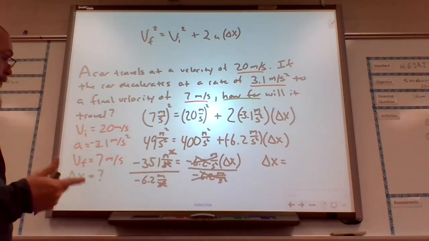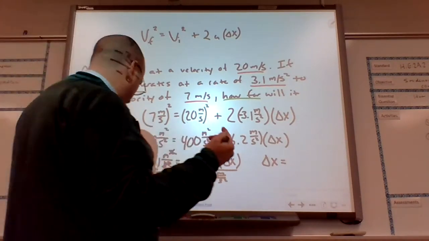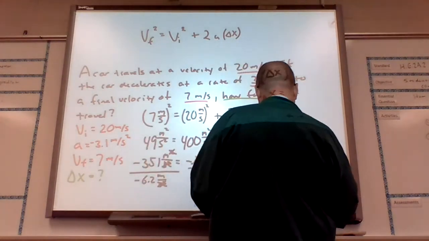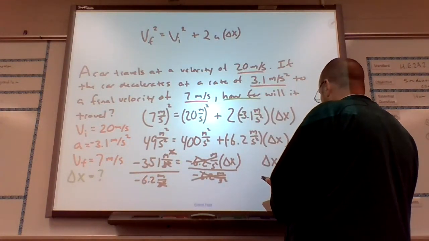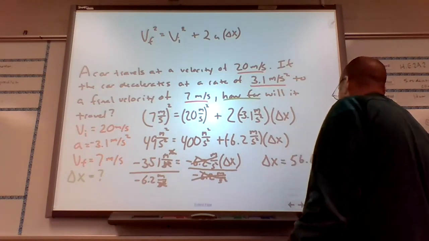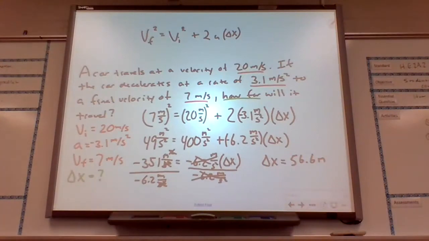So my final unit will be meters on my answer. That's all that's left. 351 divided by 6.2 is 56.61290. And we're not using significant figures. So we'll call it 56.6. And again, the only unit left would be meters.